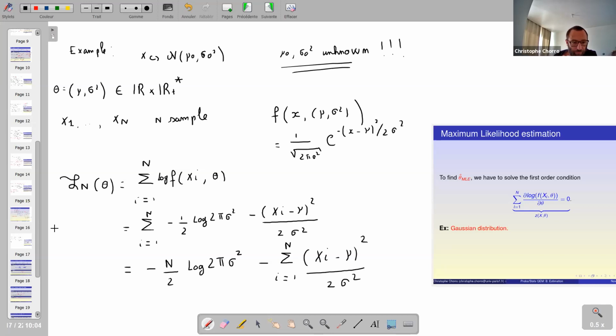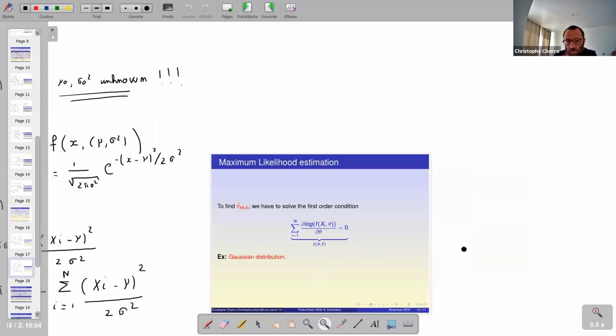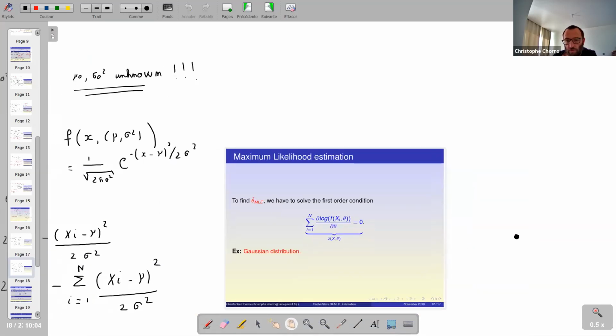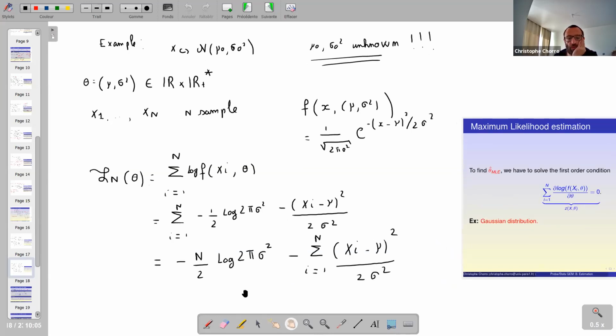Okay, so now if I want to solve the first order Euler condition, what I have to do? I have to compute what I have called the score, that is the partial derivatives of the log likelihood with respect to the parameter of interest.